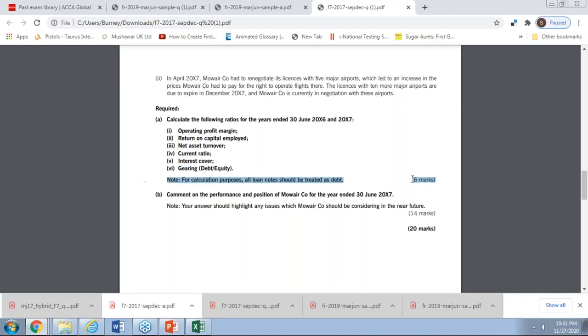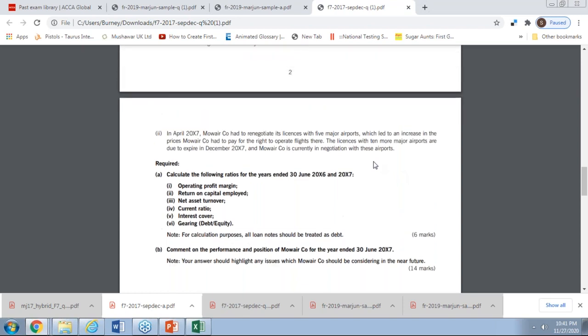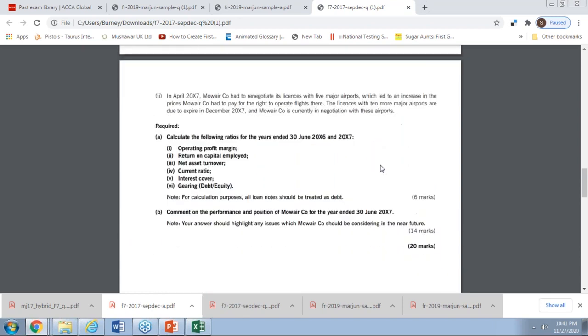You have to manage the time and solve the ratios in just a few minutes. So 6 marks, at 1.5 minutes per mark, means you have to solve it in 10 to 12 minutes at maximum. So you have 10 to 12 minutes in the examination to calculate these ratios.